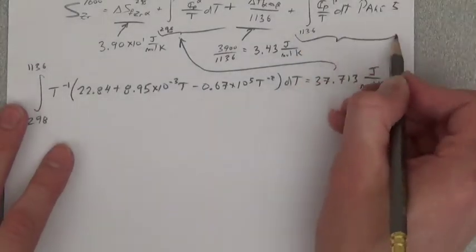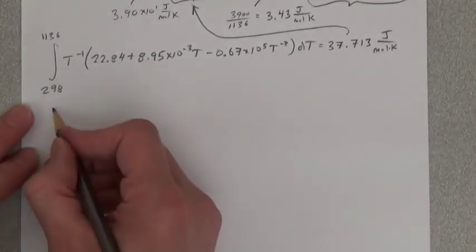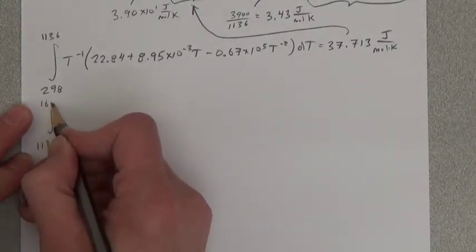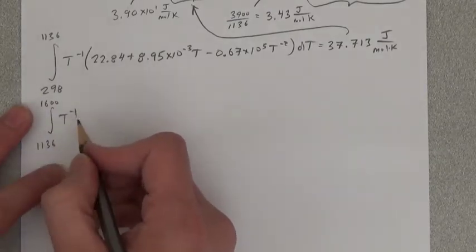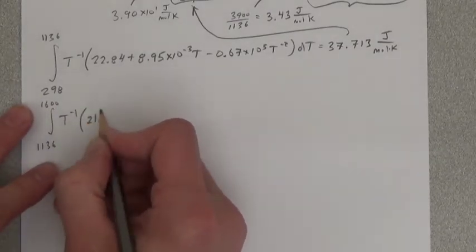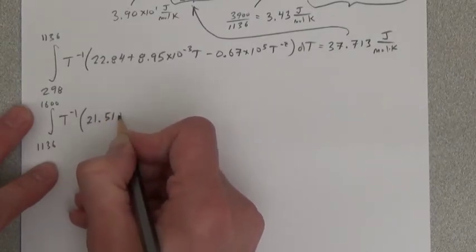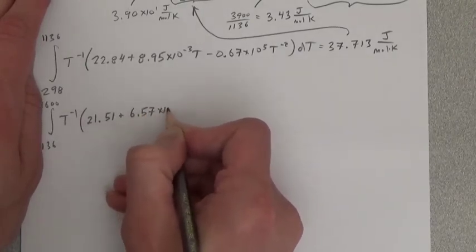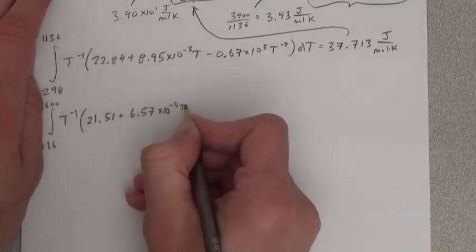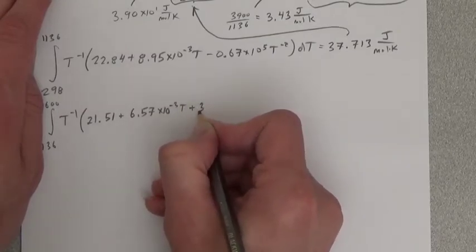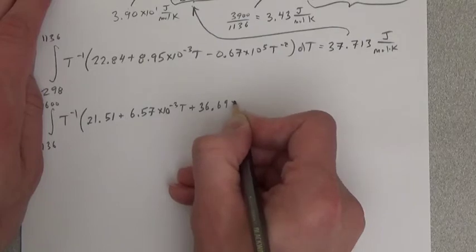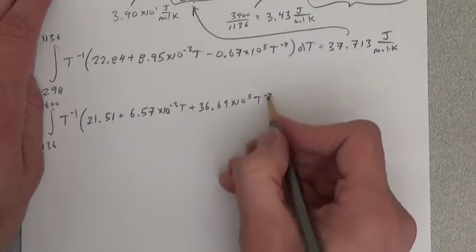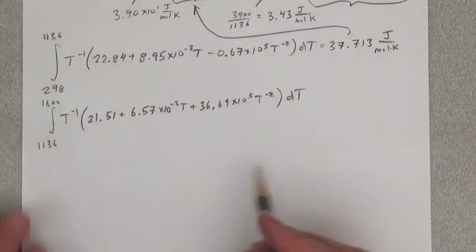Now the second integral, that is the integral from 1136 to 1600 of t to the minus 1, 21.51 plus 6.57 times 10 to the minus 3 t plus 36.69 times 10 to the plus 5 t to the minus 2 dt.